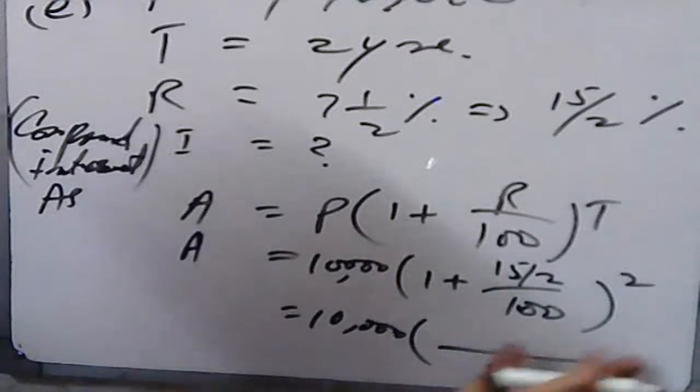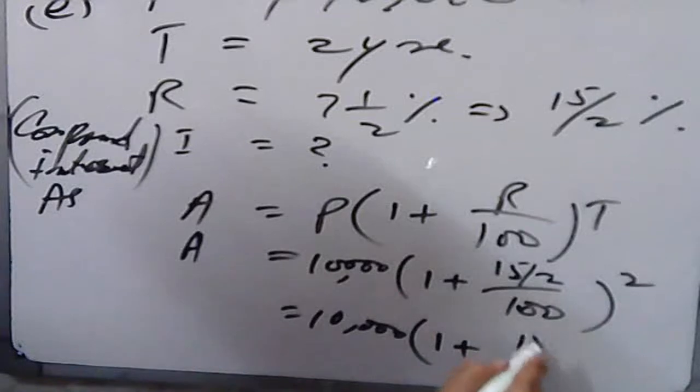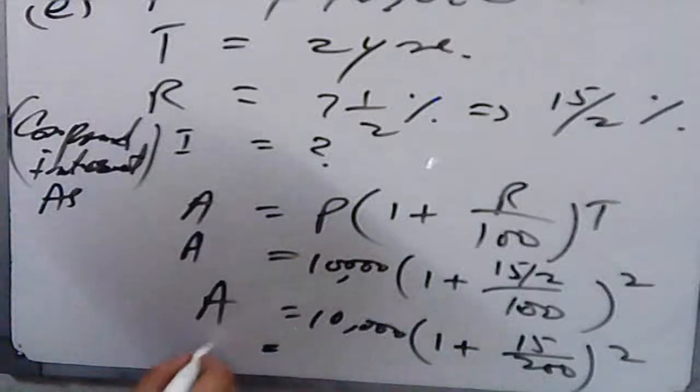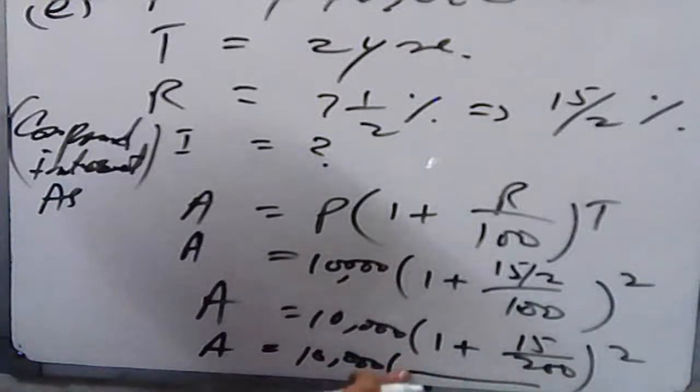You can write this as 1 plus 15 by 200, squared. Once again you take the LCM, which is 200, so (200 plus 15) over 200, squared.